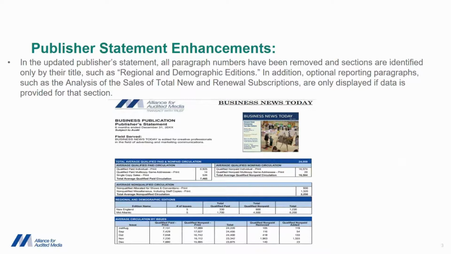So we removed those. Any optional paragraph that you are not reporting will not be displayed in the actual publisher statement. This makes for a cleaner, sleeker looking publisher statement, and it also helps us integrate your data into our database.